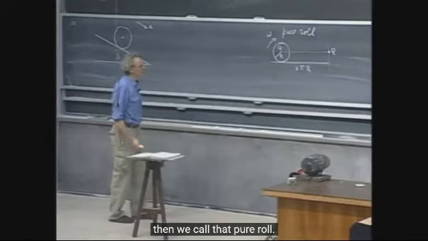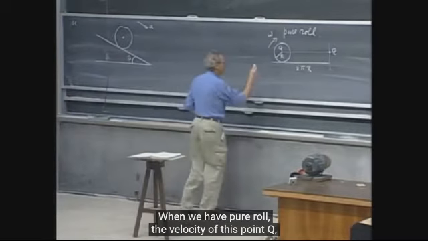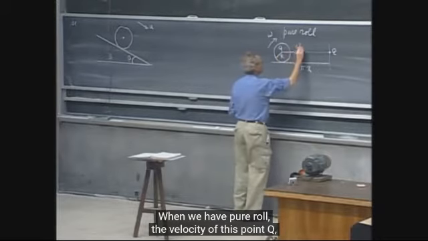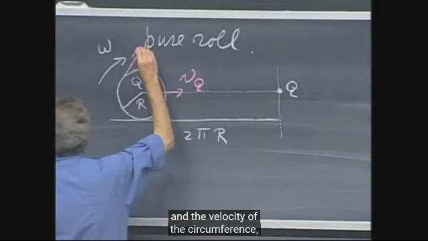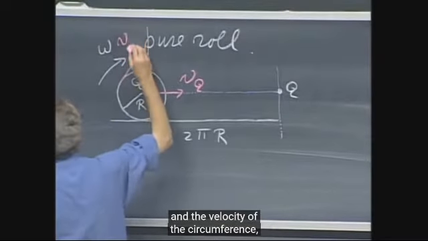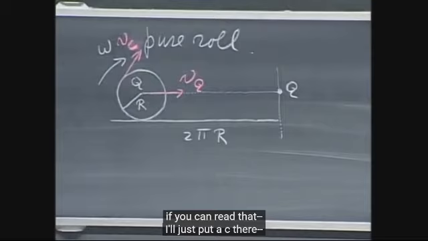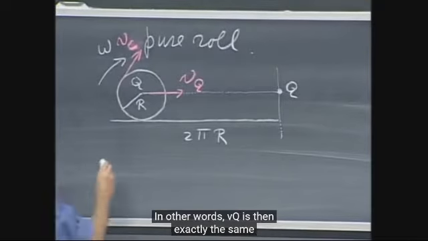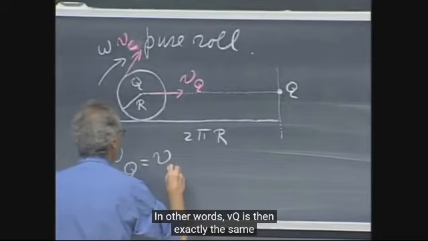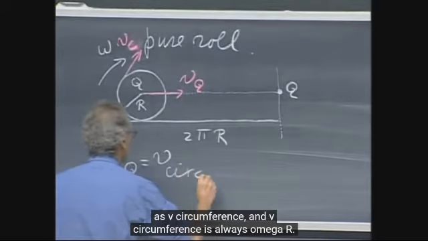When we have pure roll, the velocity of this point Q and the velocity of the circumference, I'll just put a C there, are the same. In other words, VQ is then exactly the same as V circumference, and V circumference is always omega r.